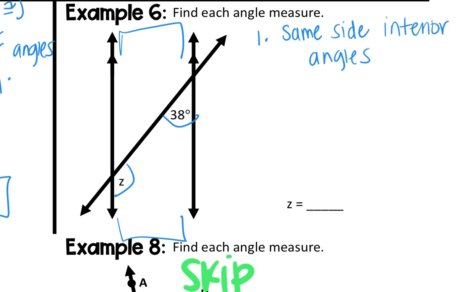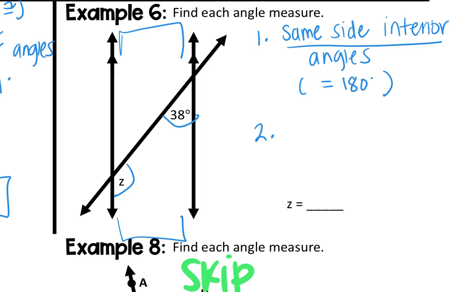Okay, but remember, this is a special one. This is the one that's not the same as the other ones. This one means that if you add these two angles together, they equal 180 degrees. So if you know one of them, then you can subtract to get the other one, right? So second step, solve.